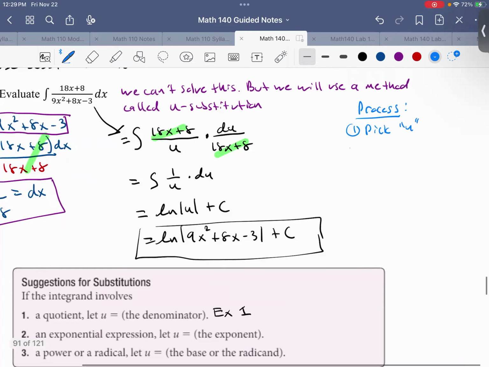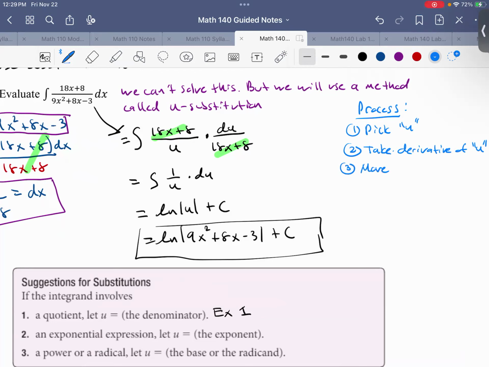Step 2 is take the derivative of u. Step 3 is move everything over to get dx by itself.